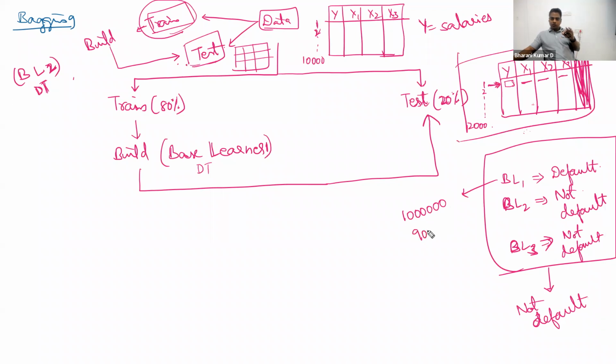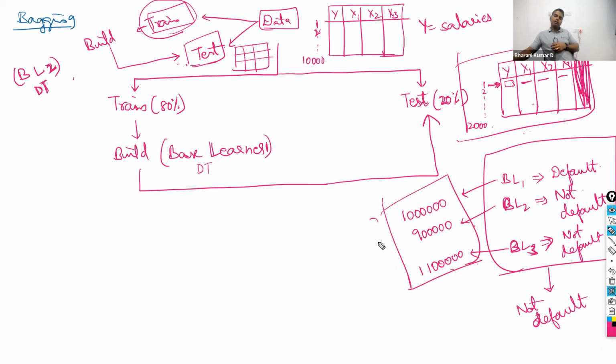Then say salary would be 9 lakhs. This might say salary will be 11 lakhs, in that way. So how would you combine the results? By taking an average when you have numeric output. Take majority voting or hard voting when your output is categorical.